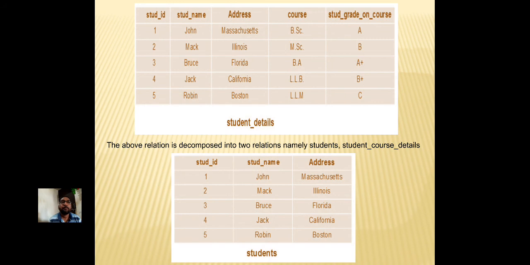So in the table, student details: student ID, student name, address, course, student grade on course.